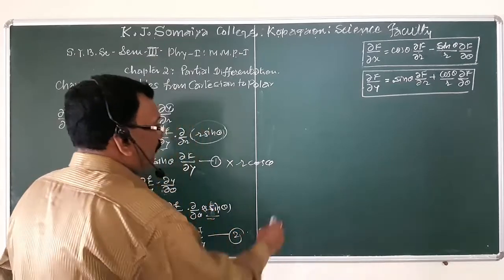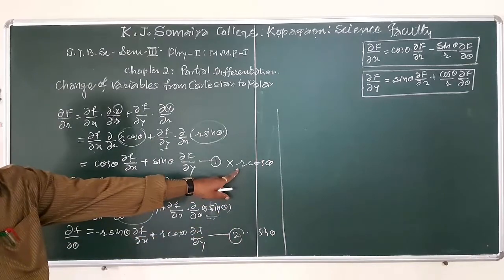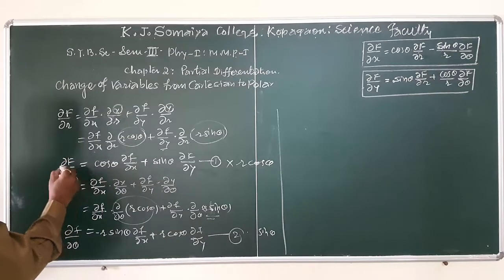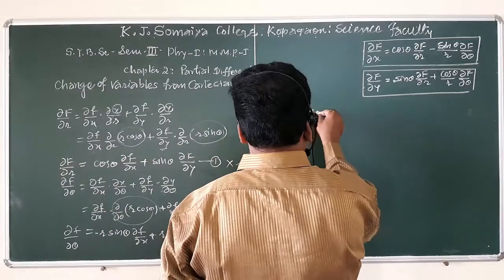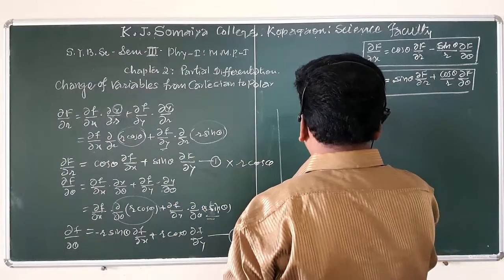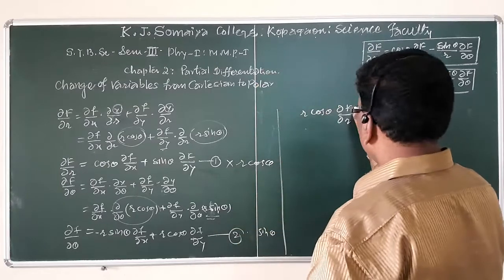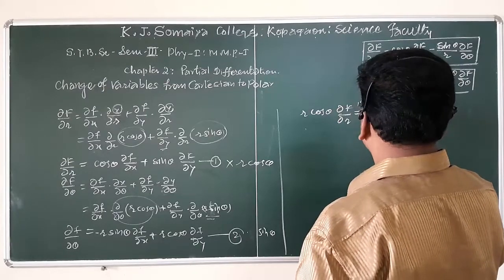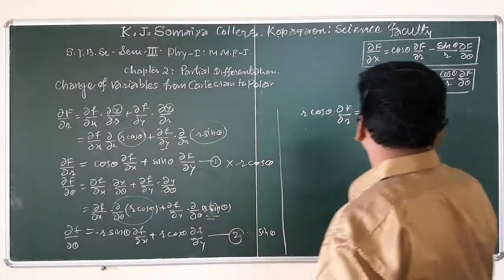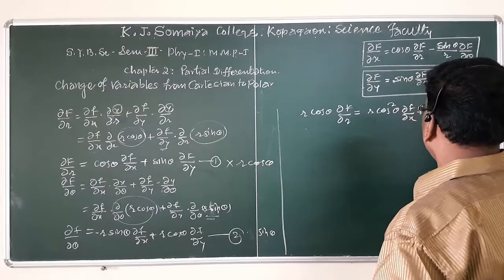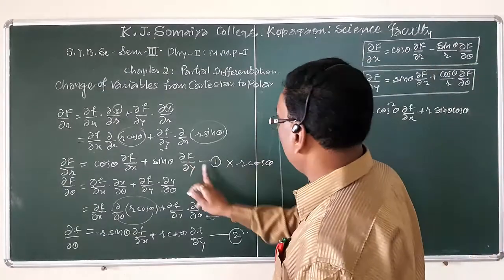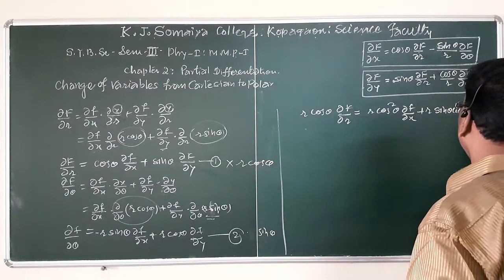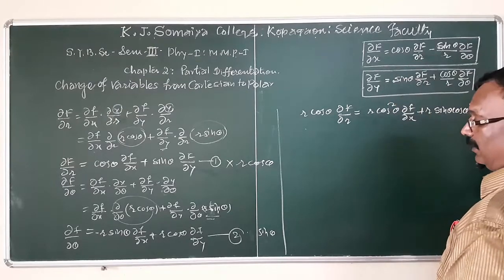After multiplying equation 1 by r cos theta, we get r cos theta delta f by delta r is equal to r cos square theta delta f by delta x plus r sin theta cos theta delta f by delta y. Suppose this is equation 3.